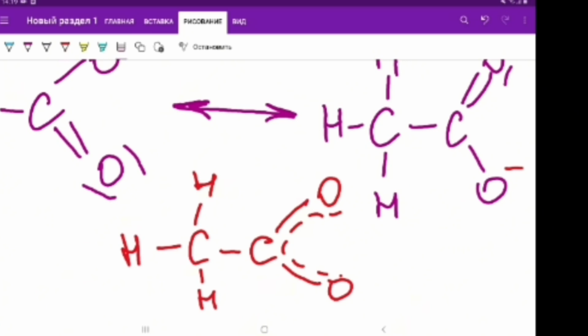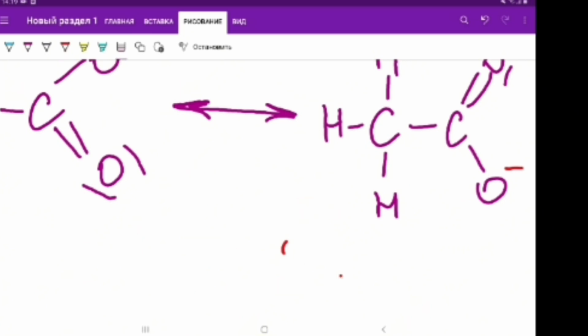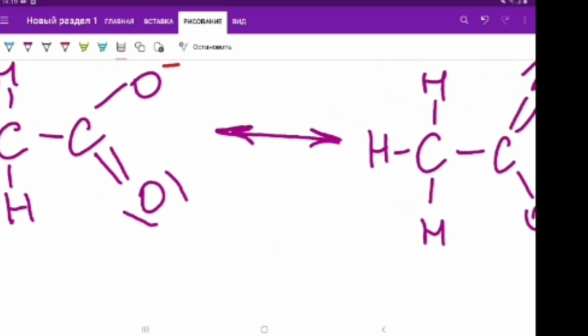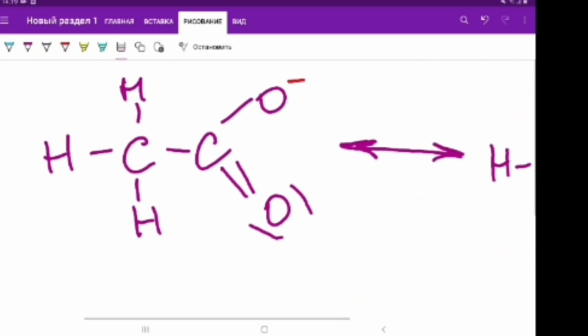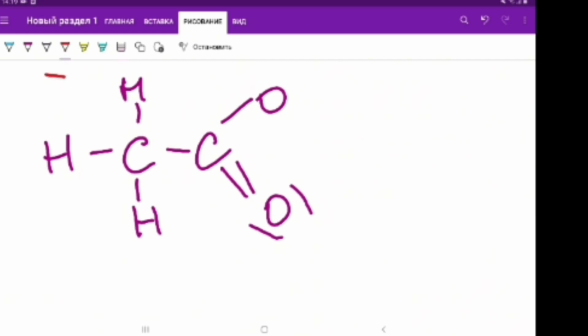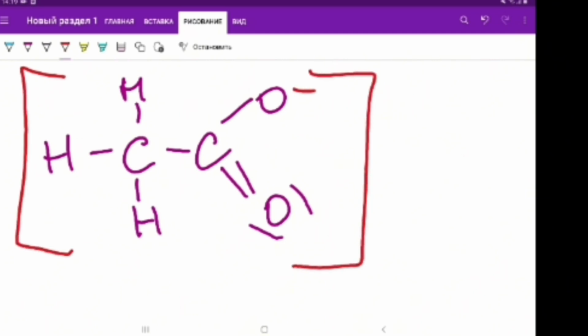So currently we are interested in putting charges correctly to draw new structures. When the charge is double, it can jump from one oxygen to another one. We draw it out of the brackets. So we put such brackets, as I said, and put this charge where? Not on this, it can always jump.